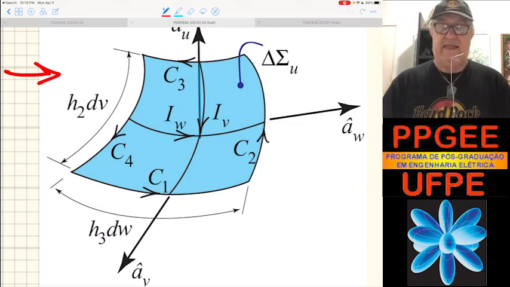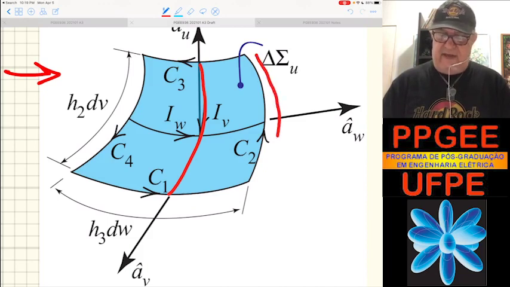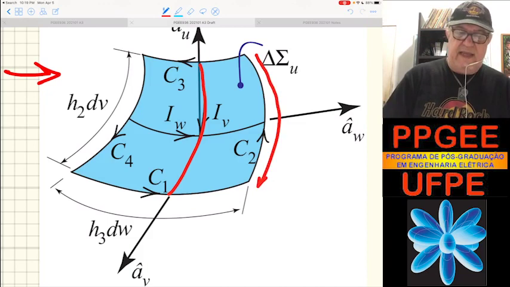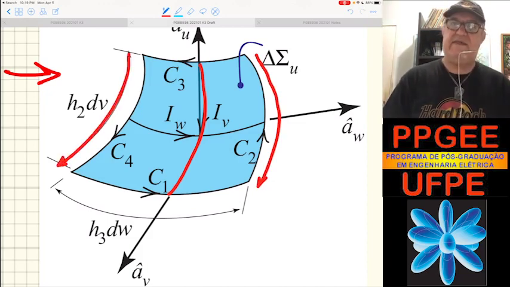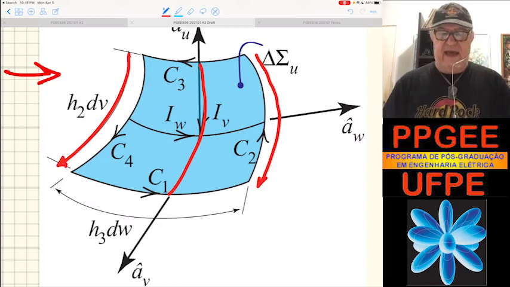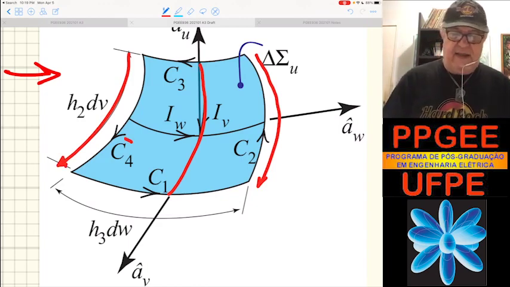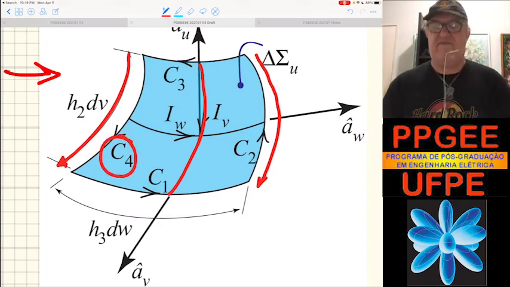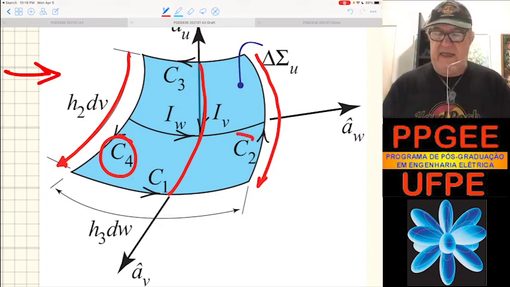So why do we do that? Because we calculate IV, then you calculate the integral on increasing V along the segment here. We calculate the integral along these other segments 4 here, along increasing V. Then I'm going to have to do integral along C4 minus integral along the increasing V on the segment here. Same thing here.